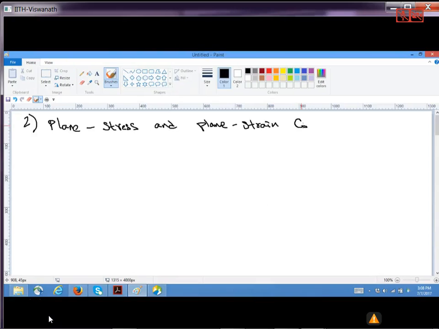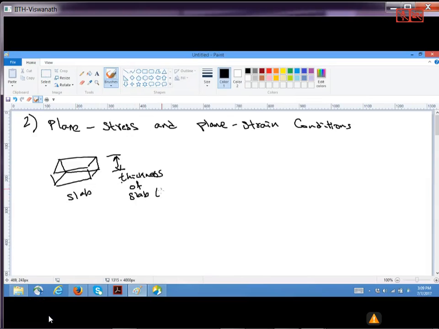We know that any generic piece of a structure is, I'm just taking a piece of a slab which is three-dimensional in nature. But suppose the thickness of the slab, thickness t, tends to 0.